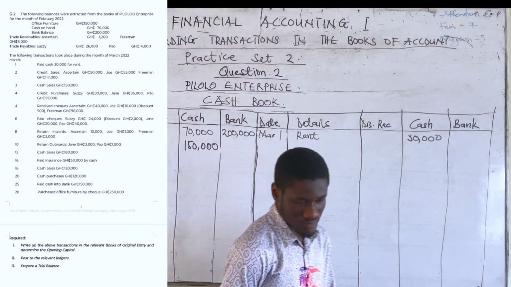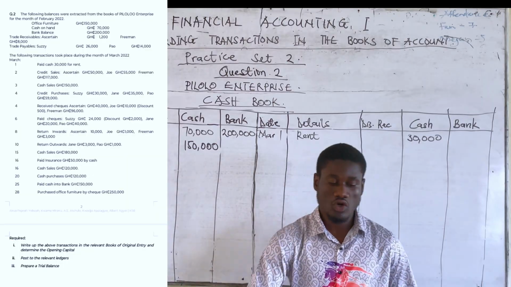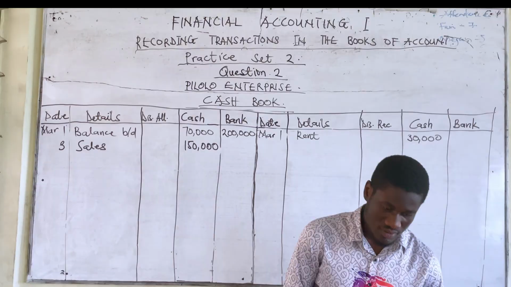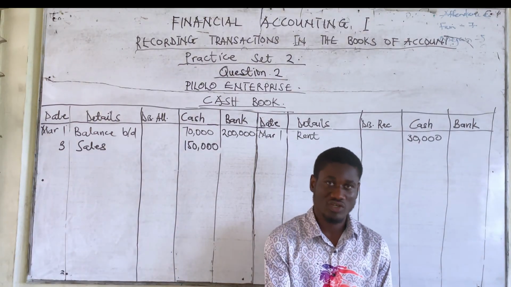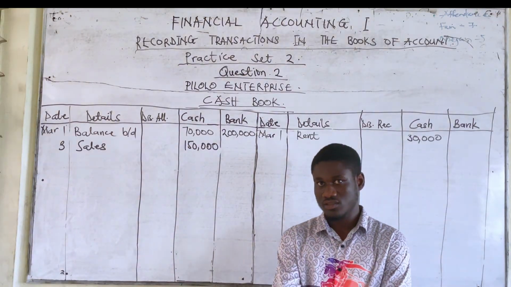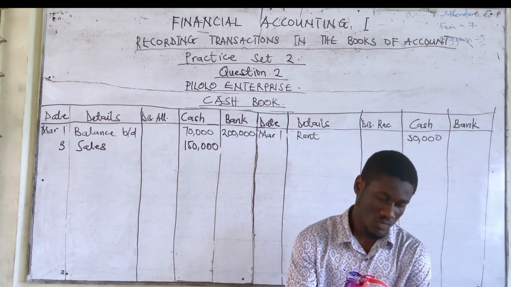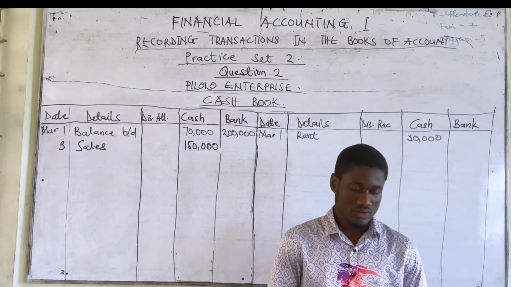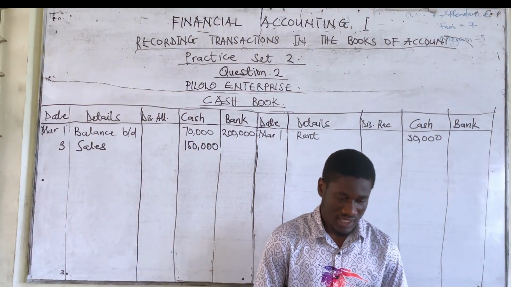Good. Credit purchases is not going to be recorded in the cash book, because it's involving our trade payables and purchases. We purchased from them without making payment. So it's not going to come to the cash book.